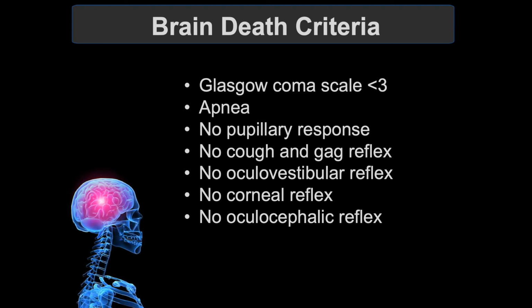You should know that the last 4 criteria are done at the bedside and look to see if basic brainstem functions exist. Without cough, gag, oculovestibular, corneal, or oculocephalic reflexes, this indicates that the brainstem is gone, and therefore brain death has occurred.